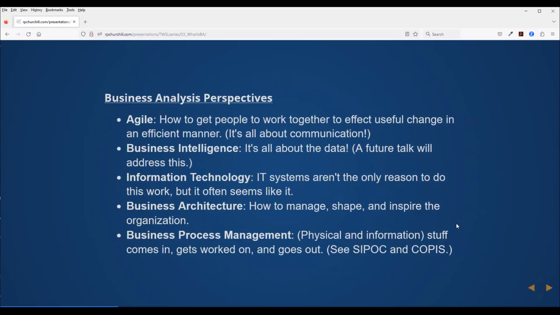I will say that any taxonomy you give is necessarily always going to be lacking. And the same is true with the business analysis description.